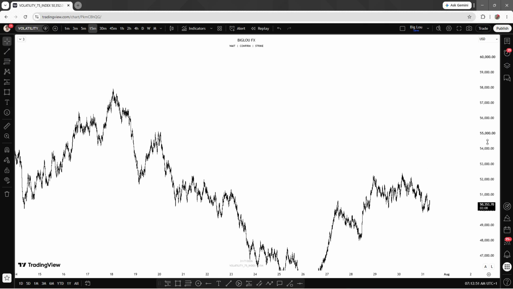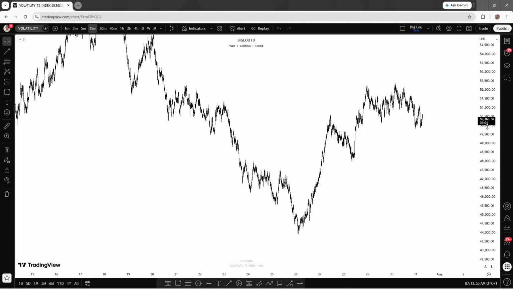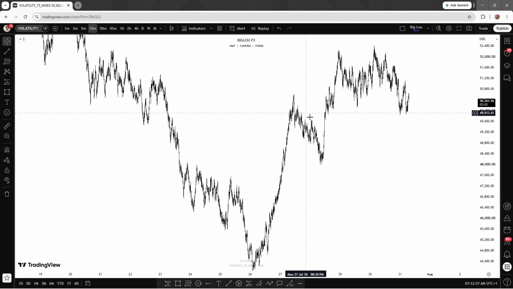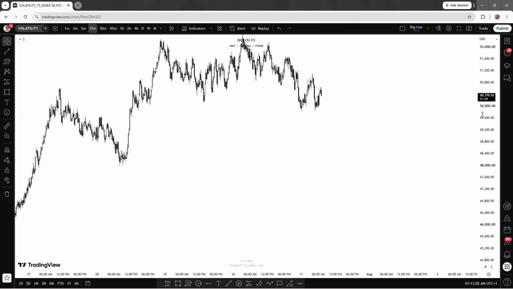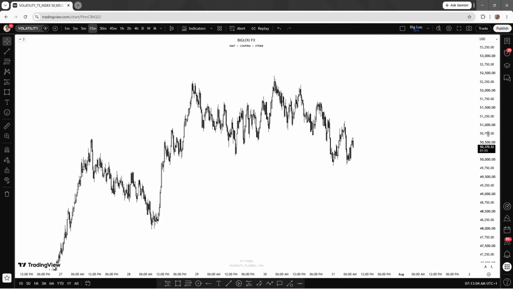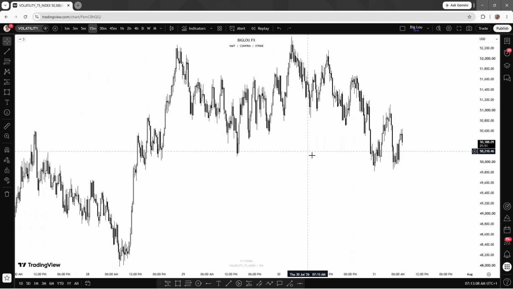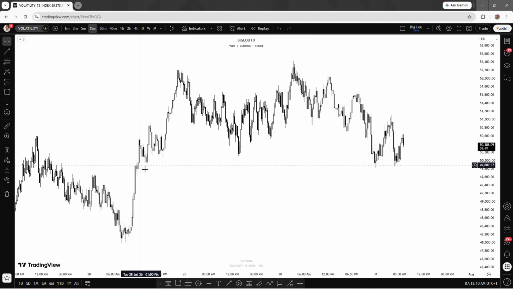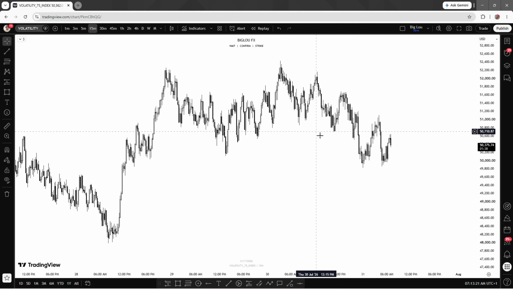This is the most recent price action of Volatility 75 on 15 minutes. Even though it seems price is just ranging, in this whole thing you can get one or two setups.